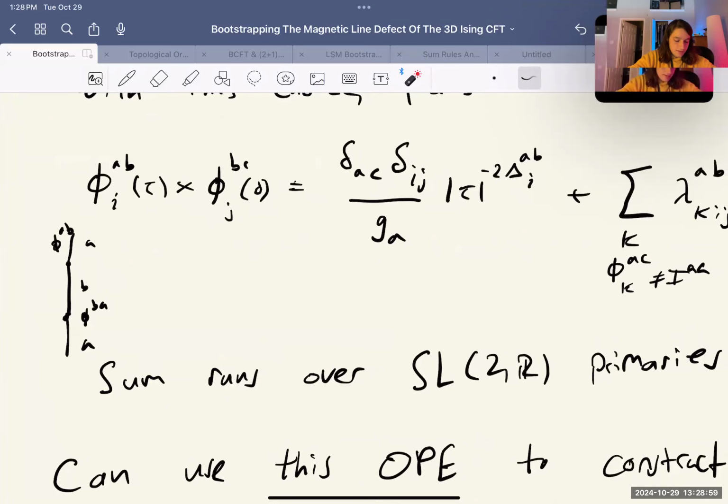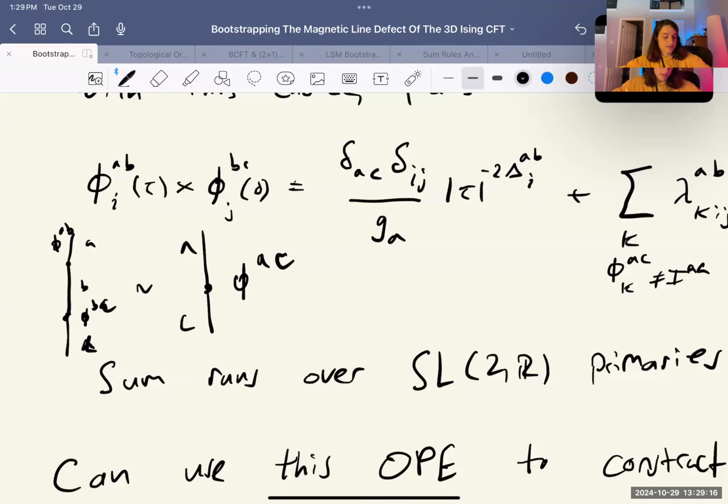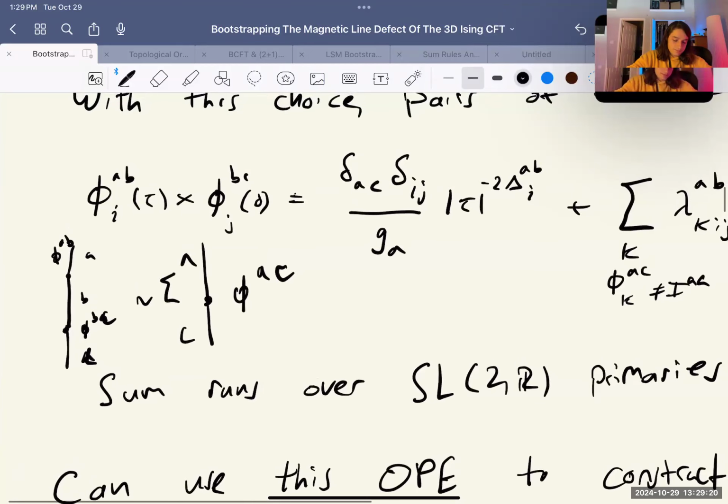If I take some sequence of these defect changing operators and then take their OPE, then when I zoom out, this should be some superposition of defect changing operators that interpolate between the defects C and A. This doesn't need to be primary or anything.